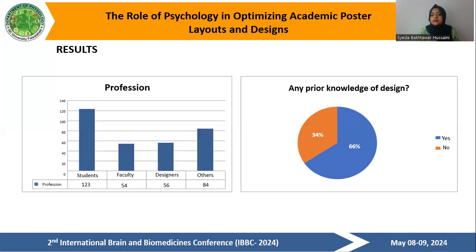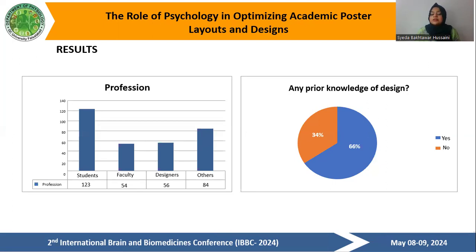So here are the results. We also mentioned the main problem that we addressed: there is no vast audience for this specific kind of poster. So we addressed different individuals, and the total number is 317, out of which 123 were students of different departments or subjects, not specifically of the design subject.